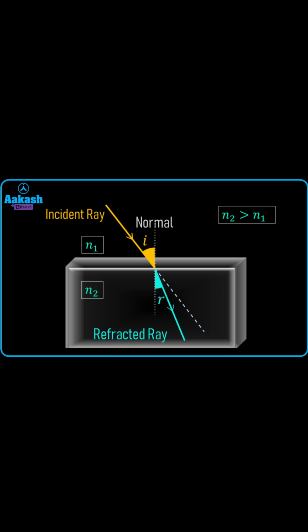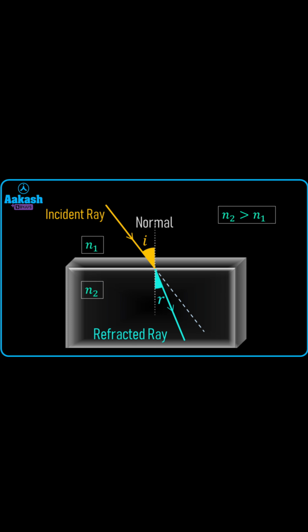The incident ray is the incoming light ray, and the point of incidence is where it hits the surface. The normal is a line at 90 degrees to the surface at the point of incidence. The angle of incidence is the angle between the incident ray and the normal. The refracted ray is the bent ray in the second medium, and the angle of refraction is the angle between the refracted ray and the normal.